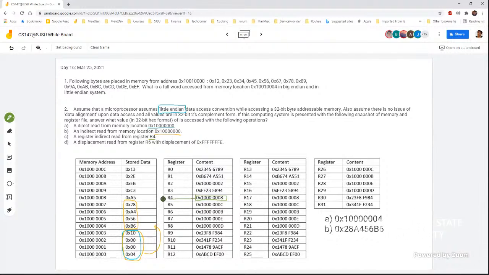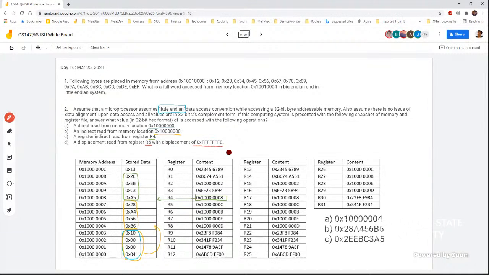So it will be reading from this address, using that value as an address, and reading a 4 byte value. So my answer for C would be 2EEBC3A5.